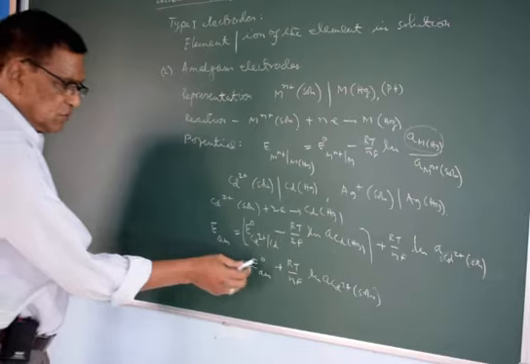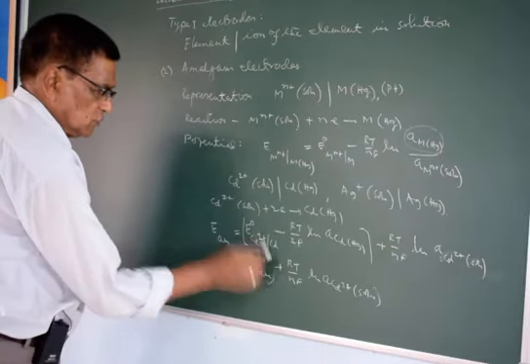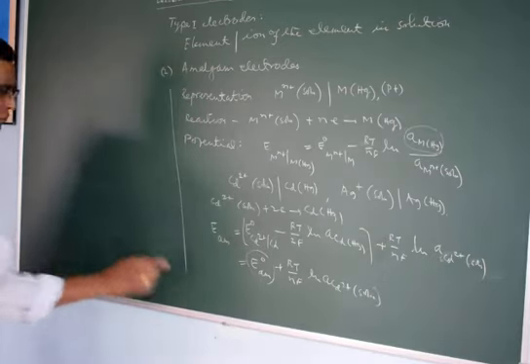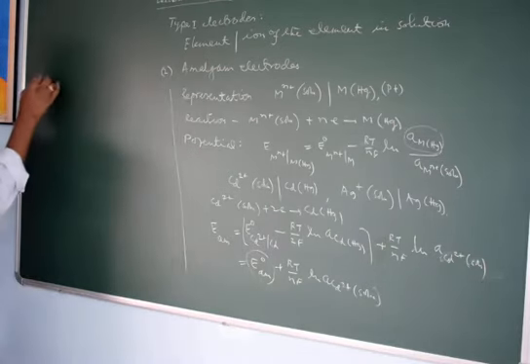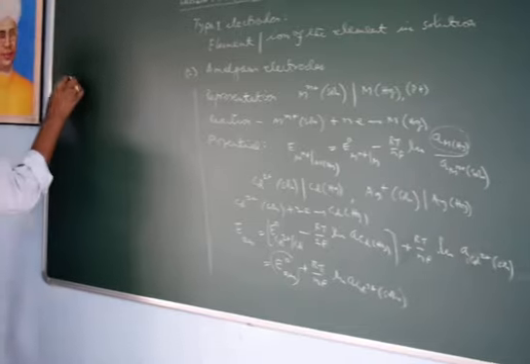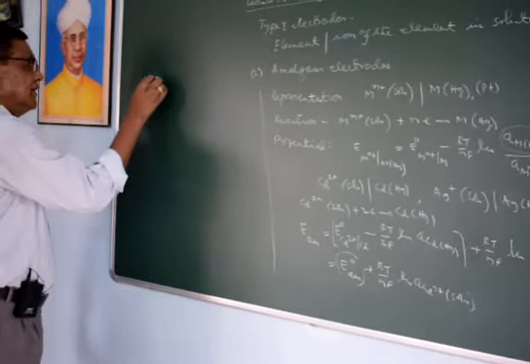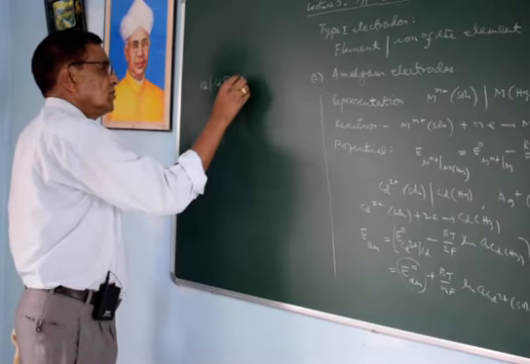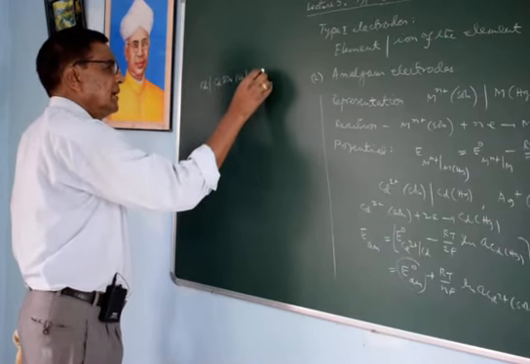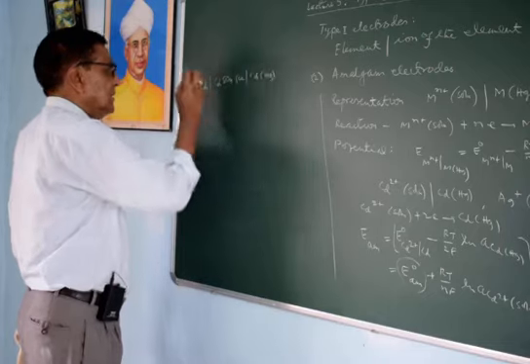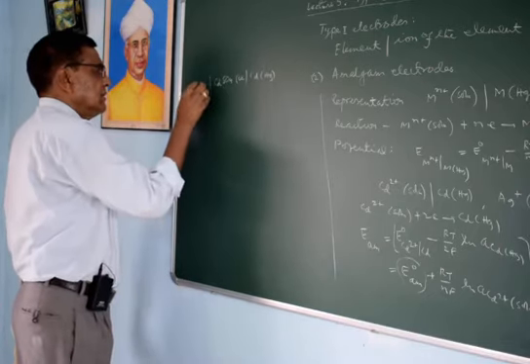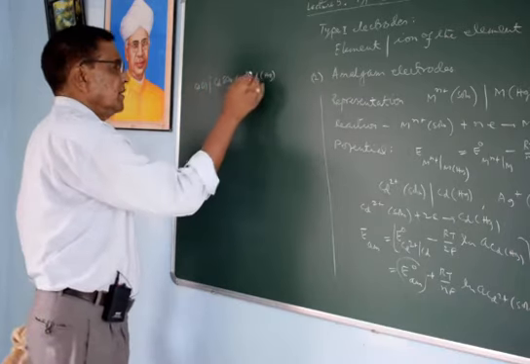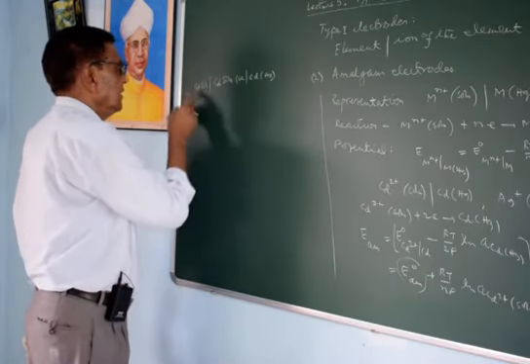If we like to determine this value, then we have to construct a cell. The cell is cadmium | cadmium sulfate solution | cadmium in mercury. Pure cadmium is more reactive than the amalgam, so it will be kept on the left-hand side.